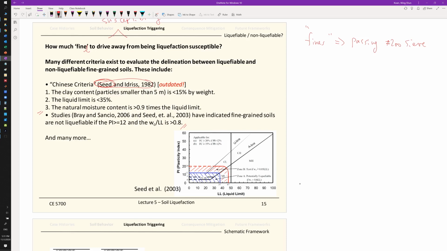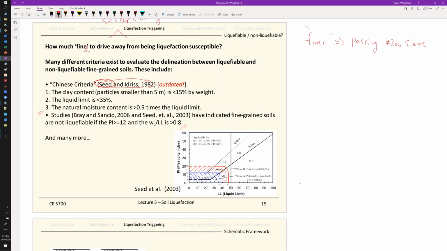So they updated and corrected the criteria, and they try to do the classification of whether it is susceptible to soil liquefaction using the plasticity chart. This chart tells you that if you are within the wet area, it is kind of the boundary case.